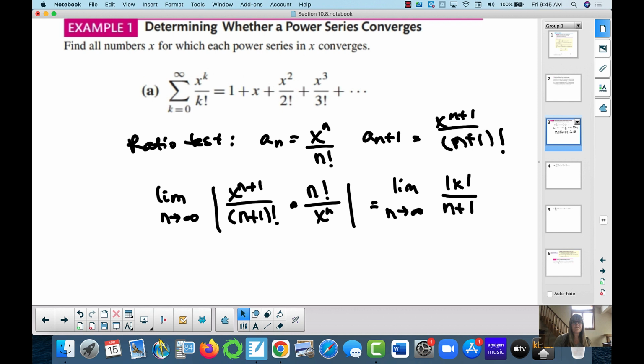This is just some number every time. This is a constant depending on what x is. So we can pull that out of the limit. Well, this limit right here goes to 0.